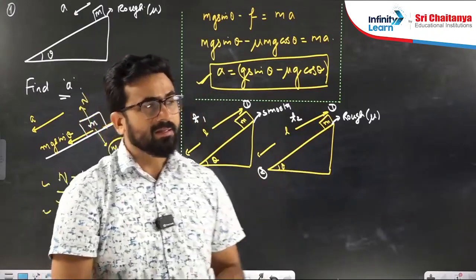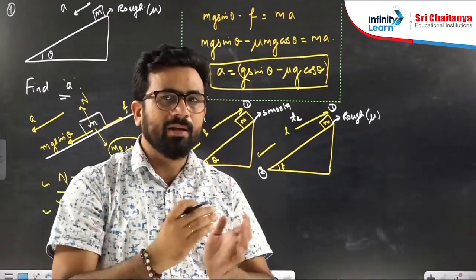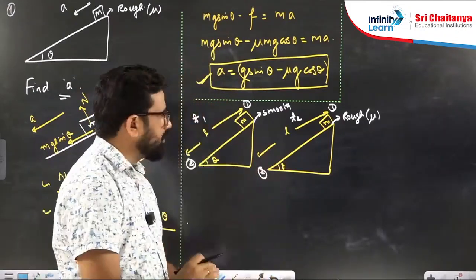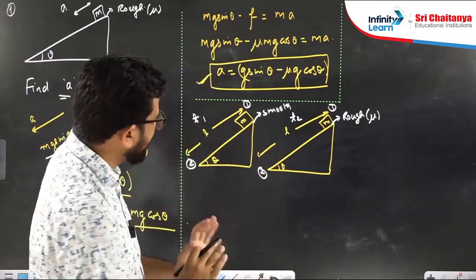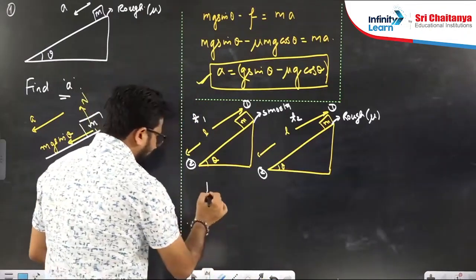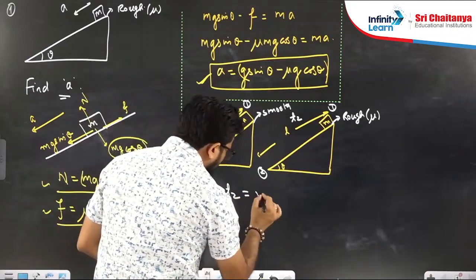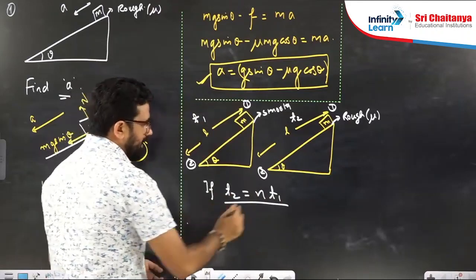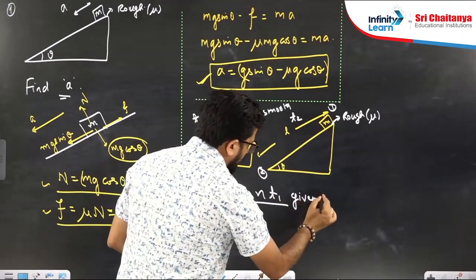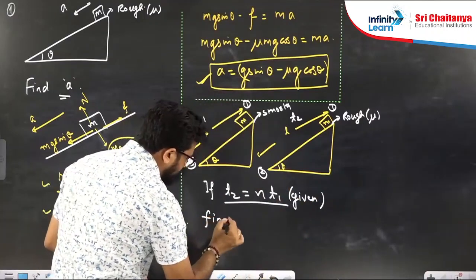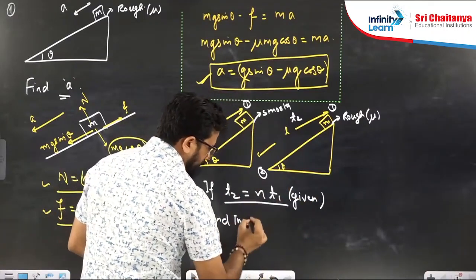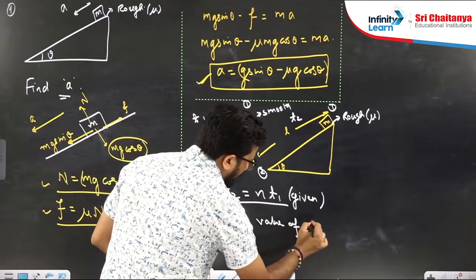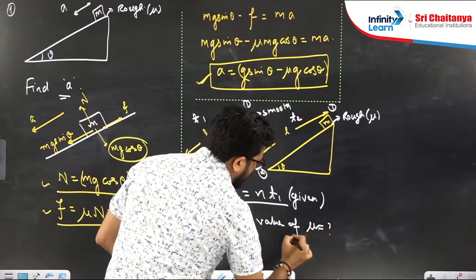It is given that t2 is equal to n times t1. Now find the value of mu.